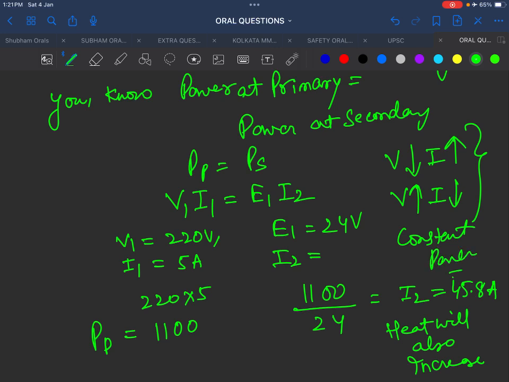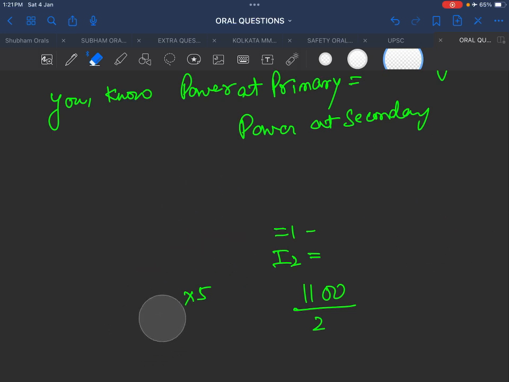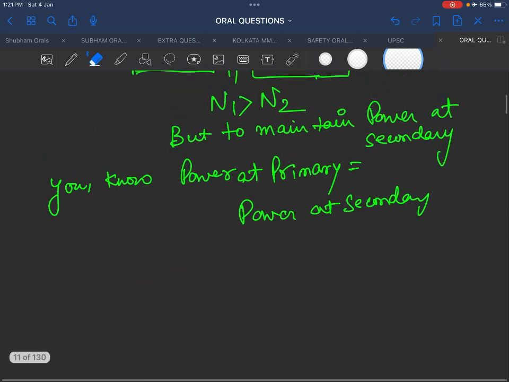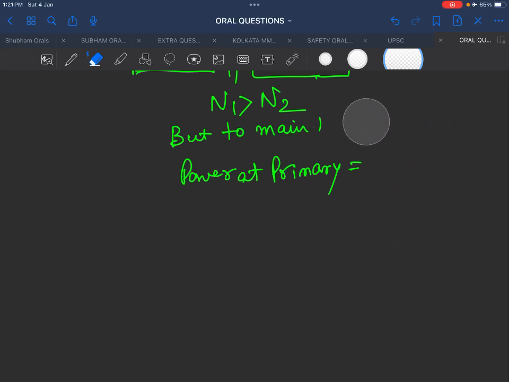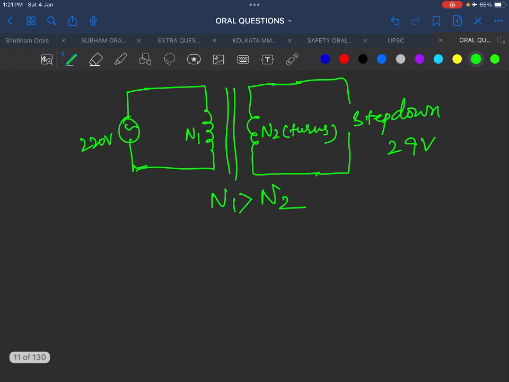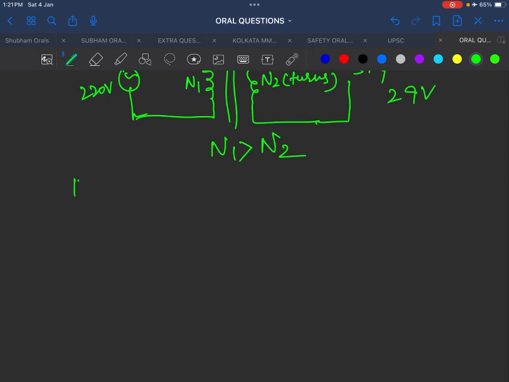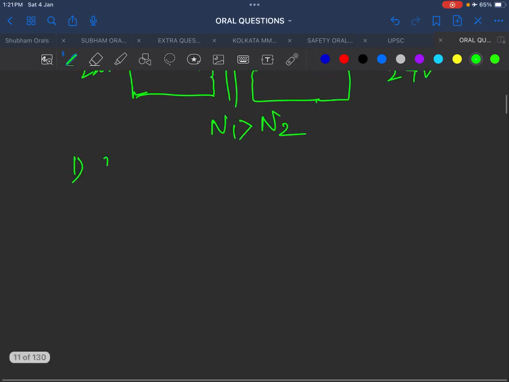So this is basically the principle you have to think about, and only this principle we are using in the welding transformer. I will now explain the welding transformer. You already know how to step up or step down, and how to maintain constant power, because power is always the same in the transformer; we only do step up or step down.